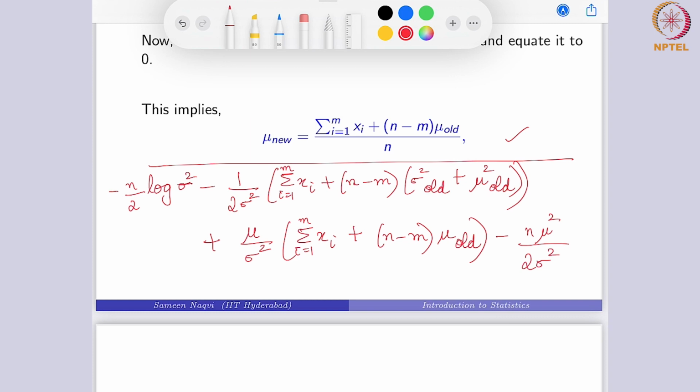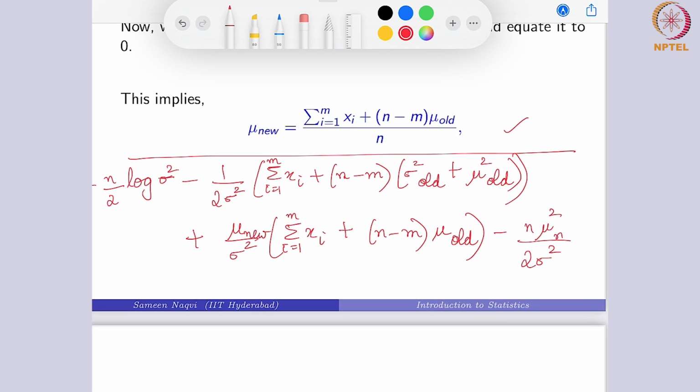Now since we have already obtained the estimate for mu, that is mu new, we can replace these mu's with mu new.